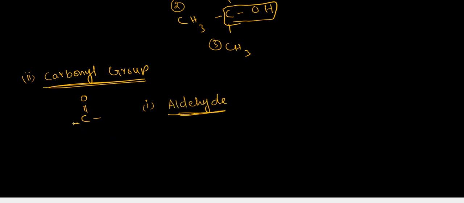If to one side of a carbonyl group an R group or alkyl group is attached, and to the other side a hydrogen atom is attached, then it is called an aldehyde.